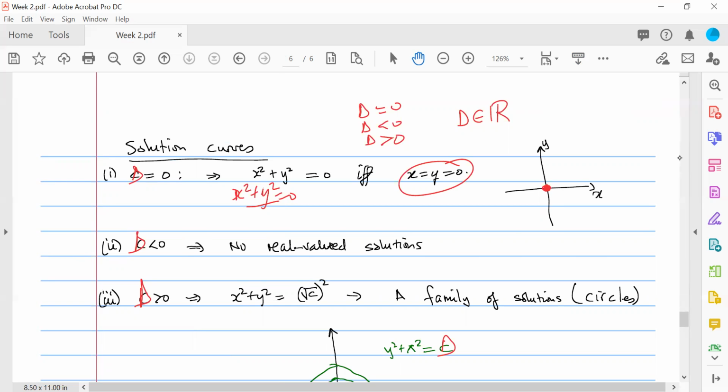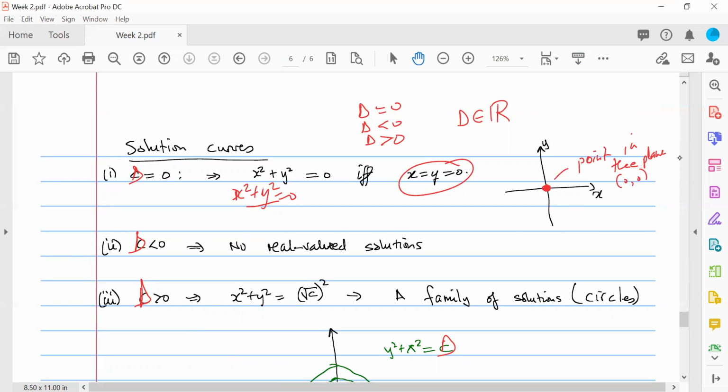That's the only point where x squared plus y squared is equal to 0. So the solution curve is just a point in the plane. But of course, it's specifically the origin.